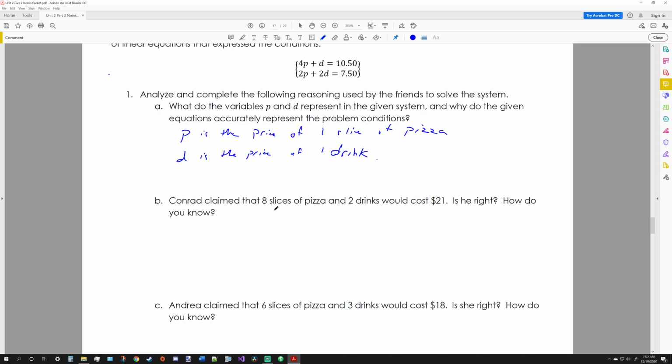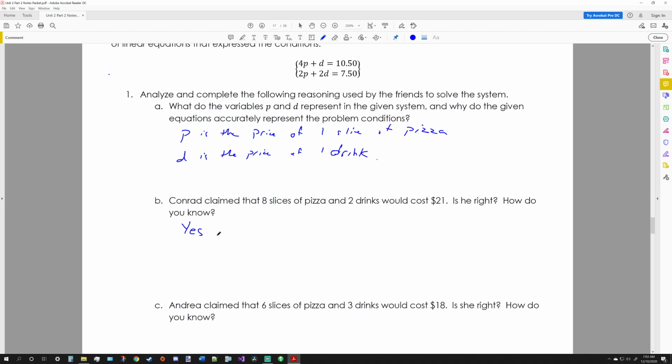All right, so knowing he bought 4 slices and 1 drink, and it cost him $10.50. And so his idea is that if he would have gotten 8 slices and 2 drinks, it would have cost him $21. And so is he right? So the answer here is going to be yes.